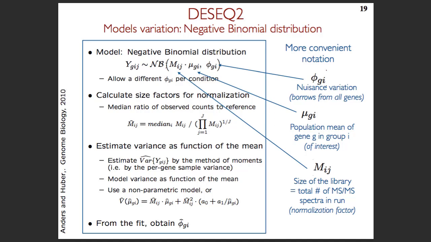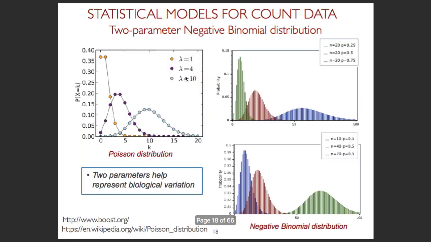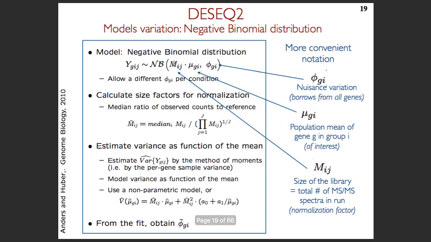In this case, the normalization is actually not done beforehand, for the same reason I just mentioned, right? If we start dividing or subtracting constants, we disrupt the discrete and positive nature of the data, so they build normalization inside of the mean. So this is what they call a library size, which is essentially the number of all counts in the entire run.